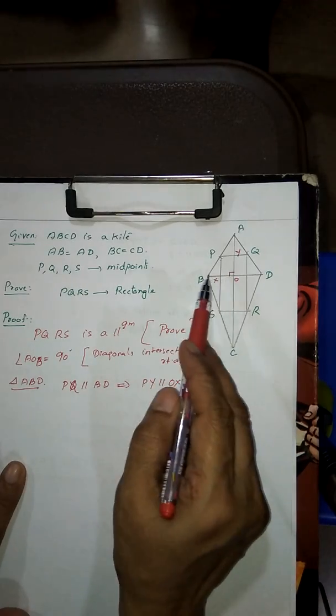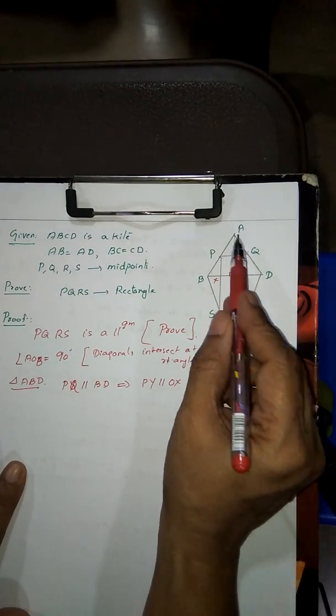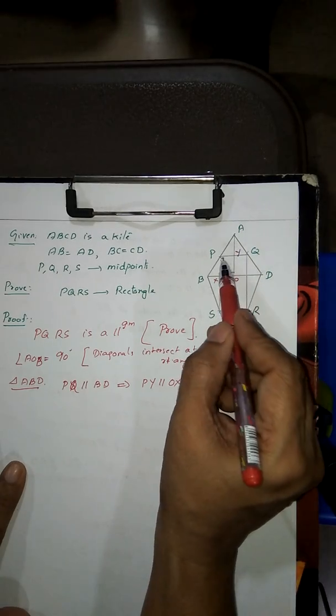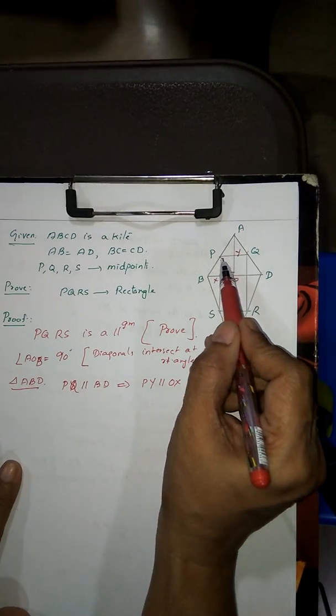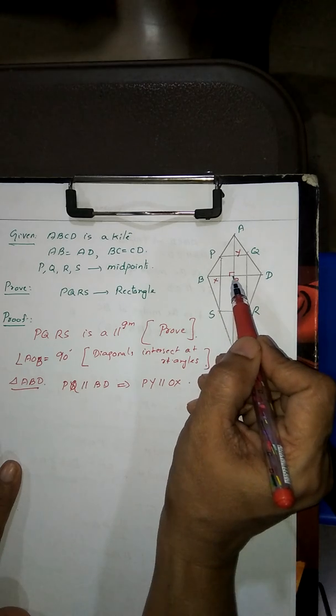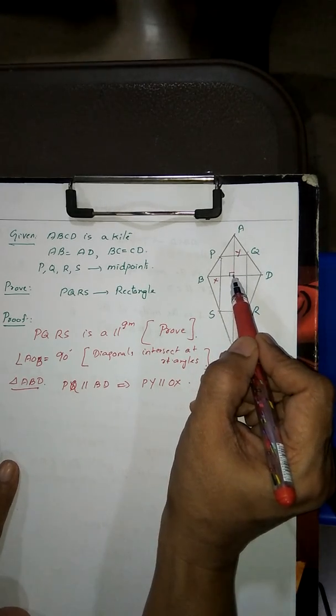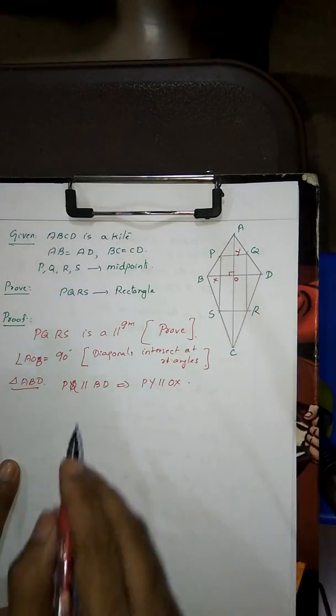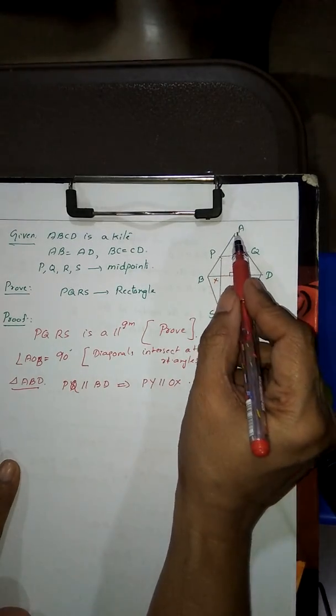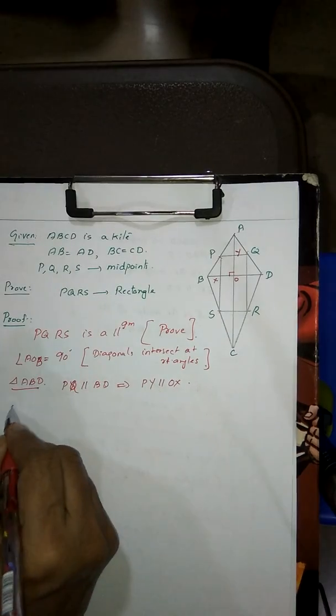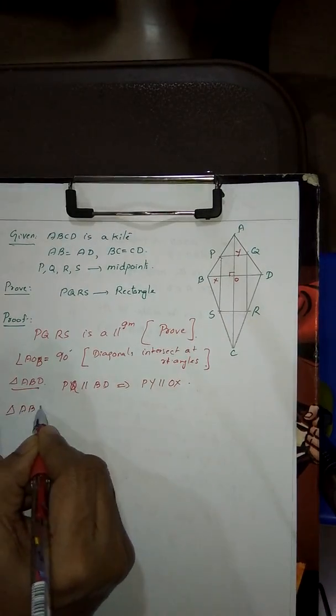Now we have proved PY is parallel to OX. Now we have to prove this and this are parallel. So we'll consider the triangle ABC.